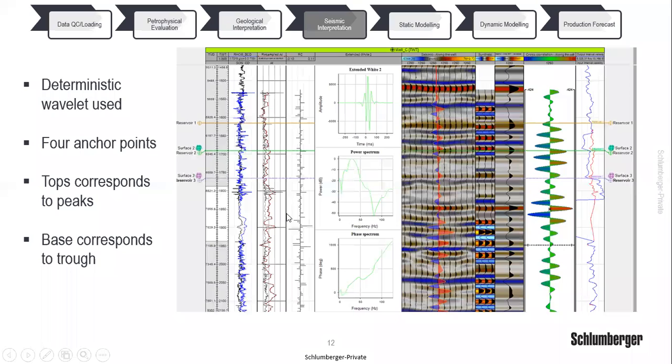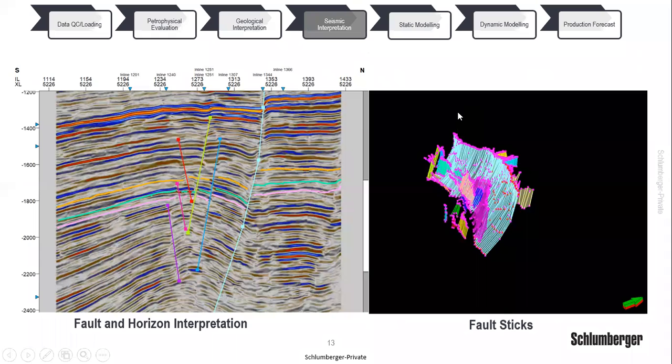Our tops corresponded to the peak, while our base corresponded to the top. So we're able to generate a synthetic to use to match our wells to seismic before we went into seismic interpretation, fault and horizon interpretation proper.